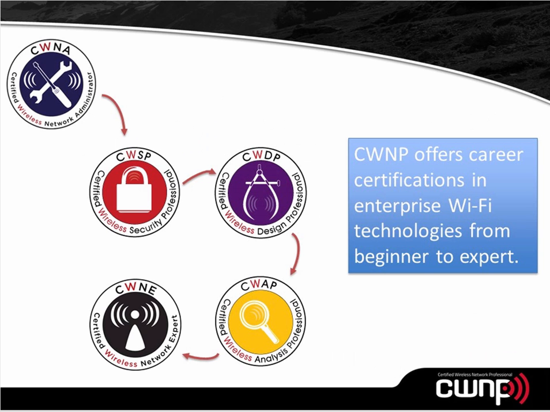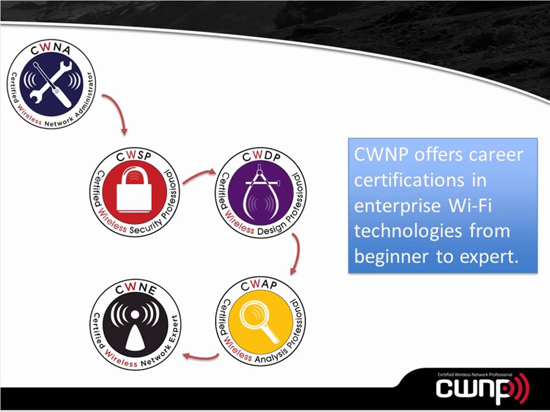And before we get into the agenda for today, we'll first get a brief overview of the CWNP certifications as we typically do. Now, let me just point out that we just released a video a week or so ago, and you can see it on our YouTube channel, CWNP TV, and it will eventually also be at the website on the certifications page.